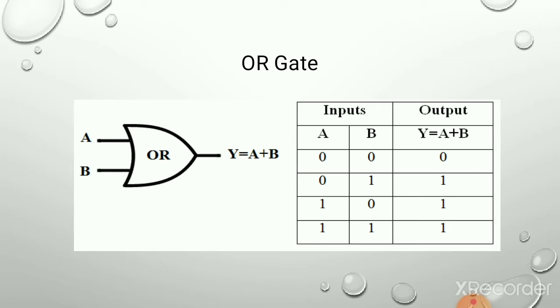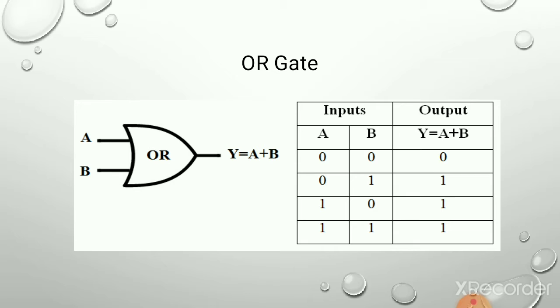First let's see the logical symbol, and next is the truth table of OR gate. Above figure shows the truth table and logical symbol for two input OR gate. Note that the output Y is low if and only if both the inputs are low.